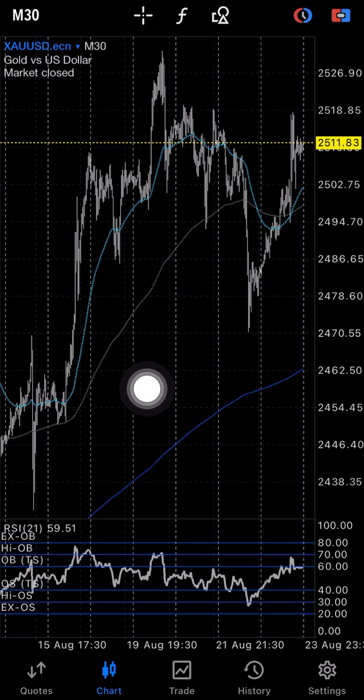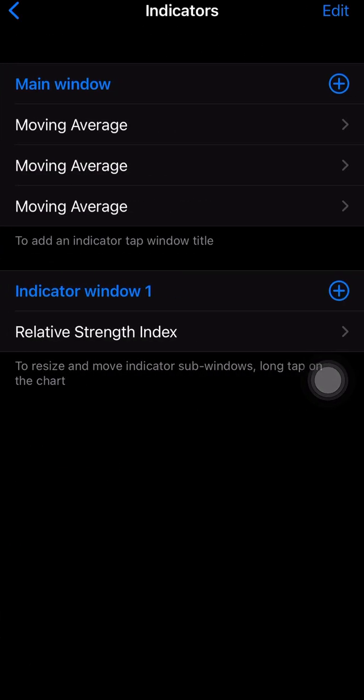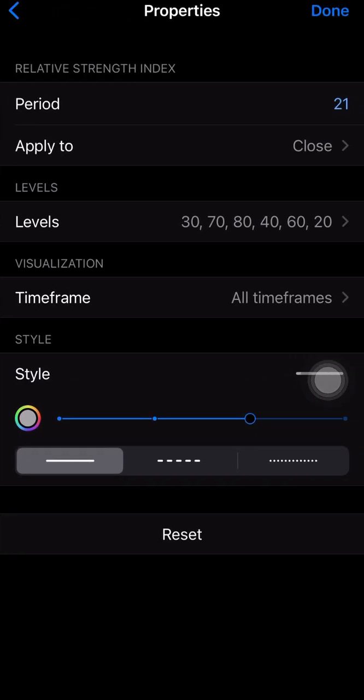Do not try to sell this. Be very, very careful if you try to sell this, because you are going completely against the trend. And now you see over here that the aqua EMA has crossed over the gray, over the 200, making it a true bullish trend now.